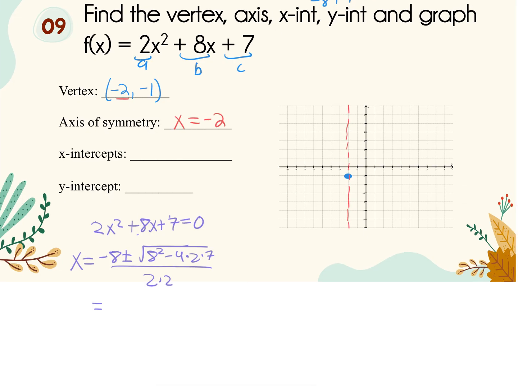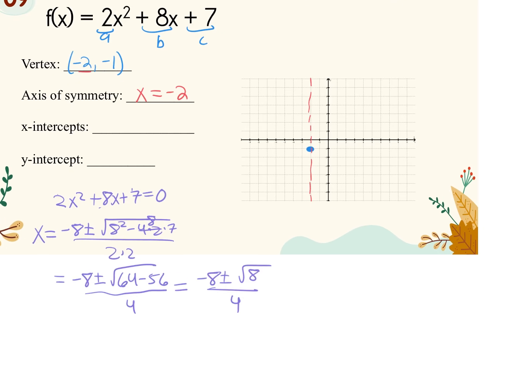And so that's going to get us -8 plus or minus the square root of 64 minus 4 times 2 is 8, and 8 times 7 is 56, divided by 4, all right? And then we're left with -8 plus or minus the square root of 64 minus 56 is 8 over 4, and then 8 we can simplify, right?